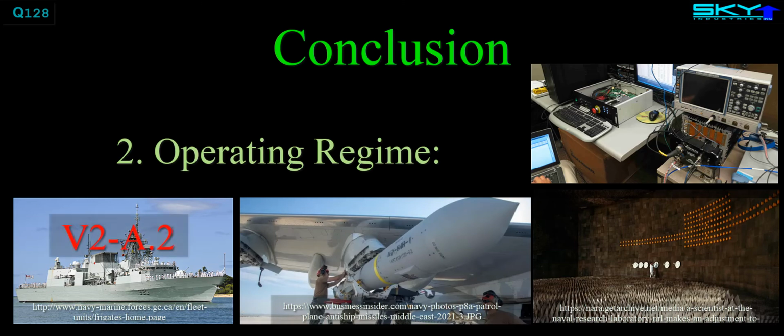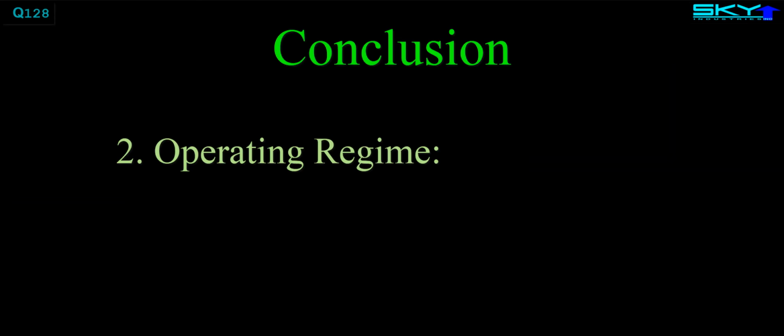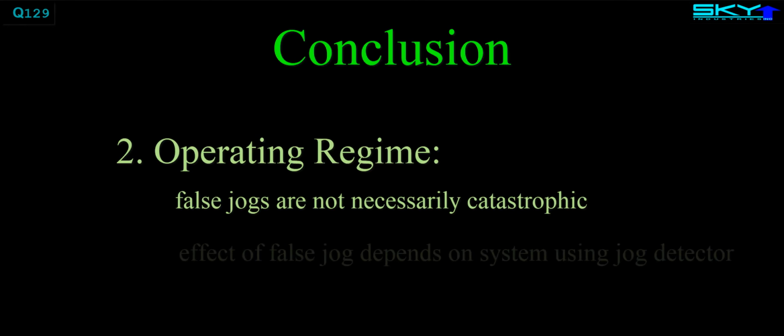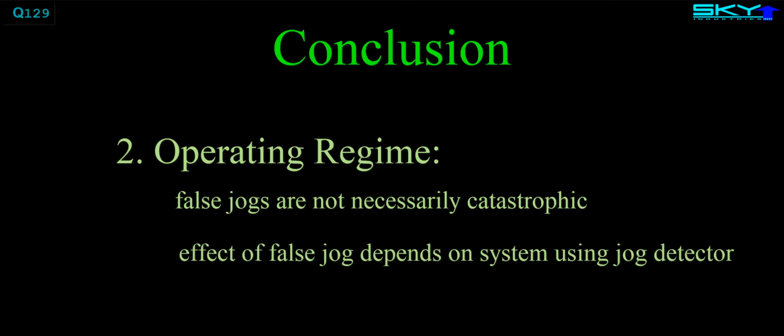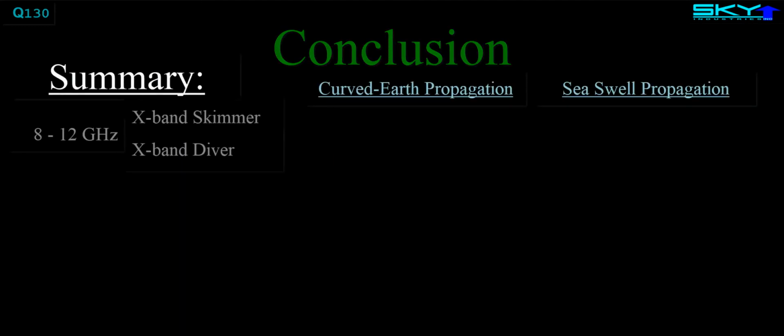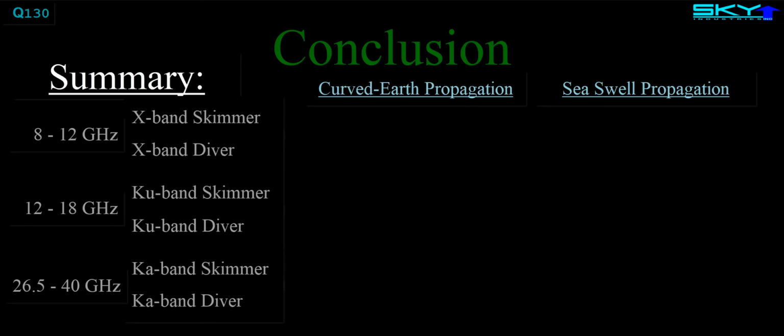Each jog detector must be designed and configured so that the multipath that happens during the test is unlikely to be misidentified as an antenna jog. False jog indications caused by multipath, by the way, are not necessarily a showstopper. The effect depends on the system that's using the jog detector, and this study does not get into that part of the problem.